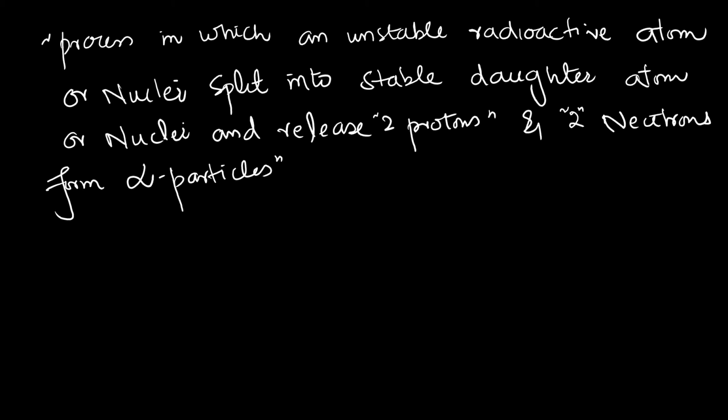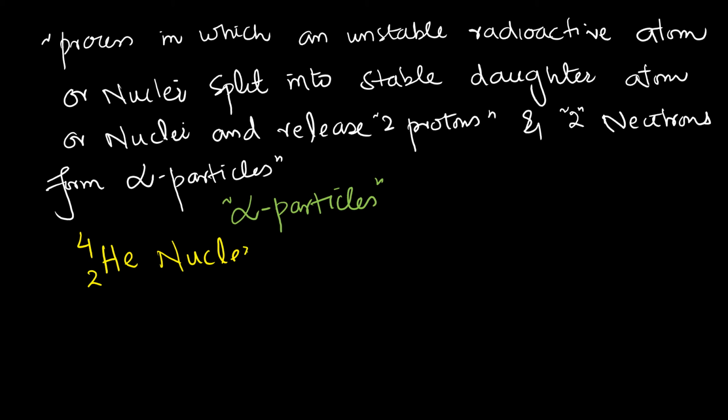Dear student, alpha particles are represented by the symbol alpha. Alpha particles are also known as helium nuclei. The reason is that, as you know, the helium atom has a nucleus with two protons and two neutrons.